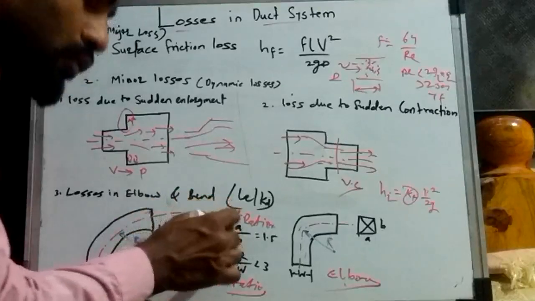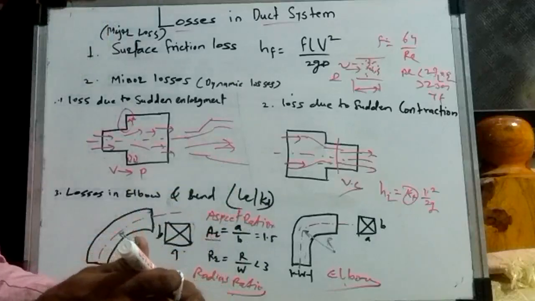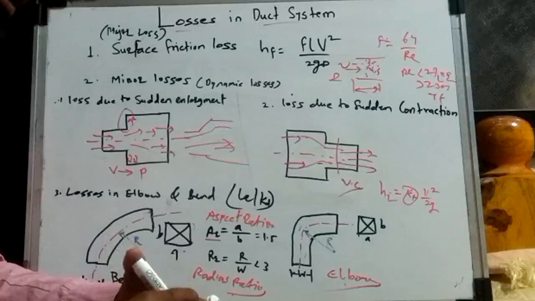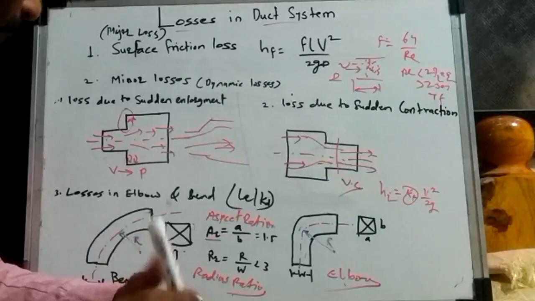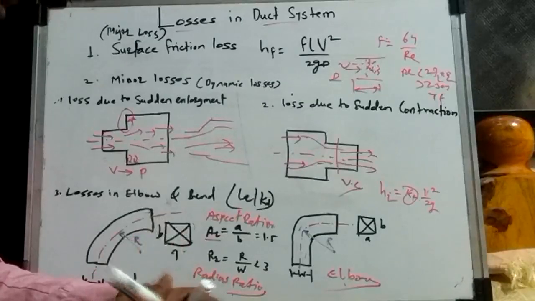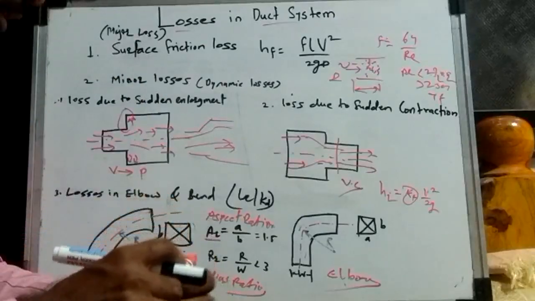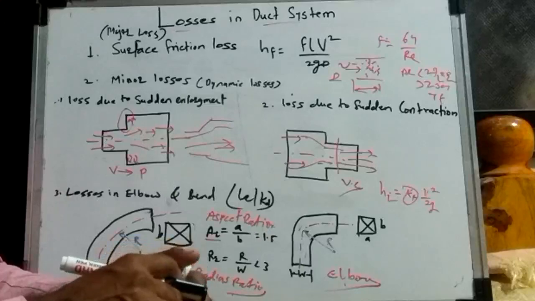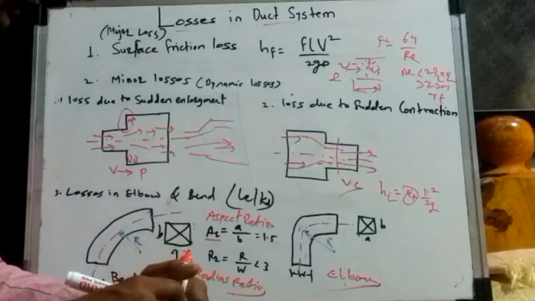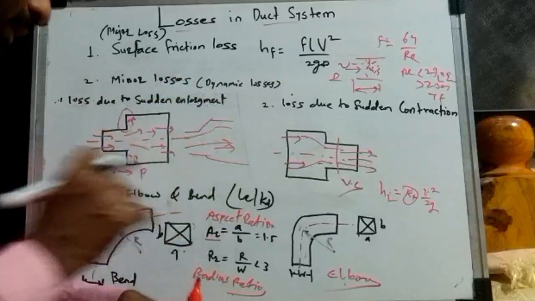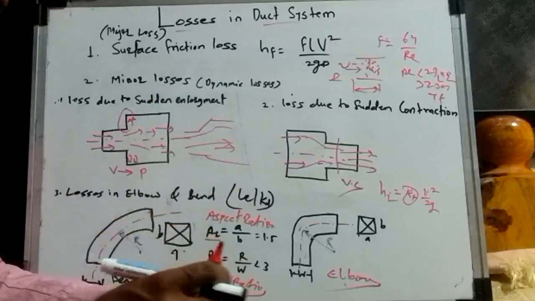The ratio of these two is the aspect ratio, and it is a very important parameter while selecting a particular kind of elbow or pipe bend, because it directly affects the cross section area. If the aspect ratio increases, the cross section area of the duct increases, and that will increase the material cost.